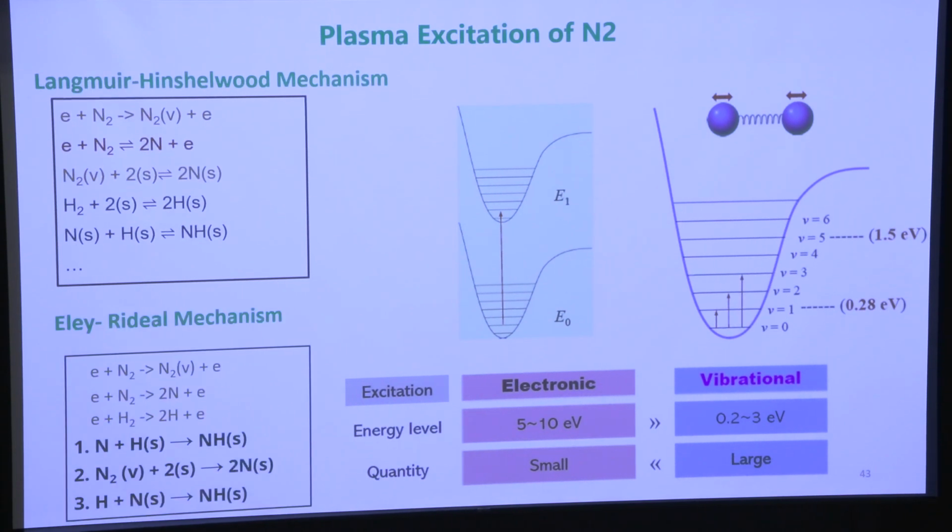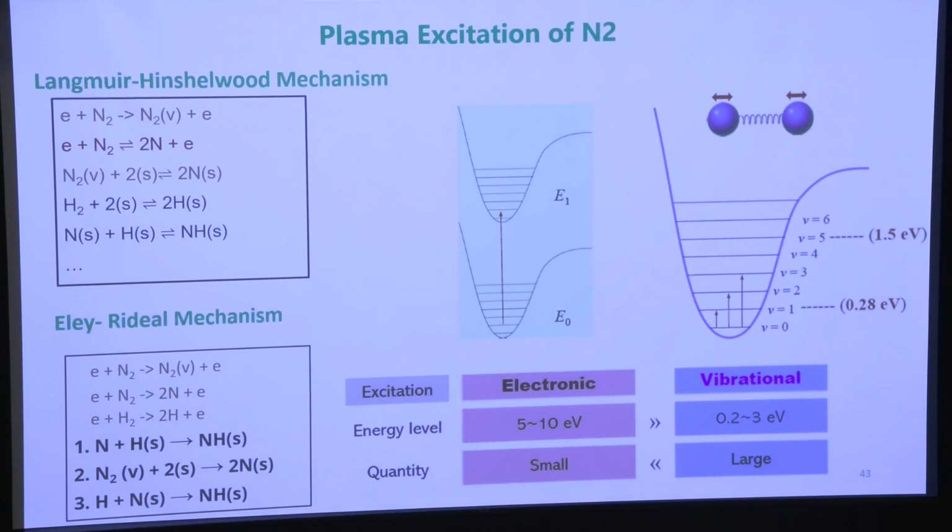You can also do the Eley-Rideal mechanism, so N atoms are produced in the gas phase, and then the N atoms on the surface react with the gas phase hydrogen to form NH. Which one is important?